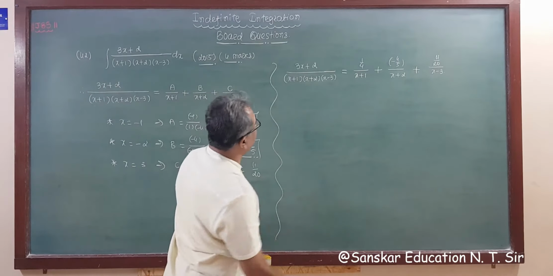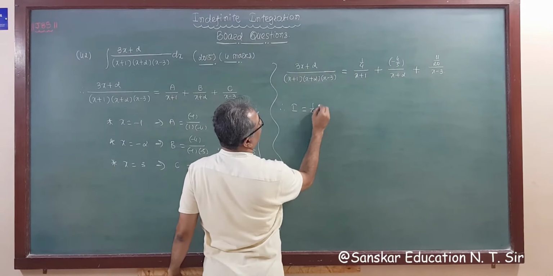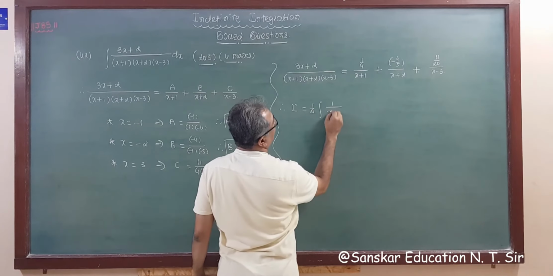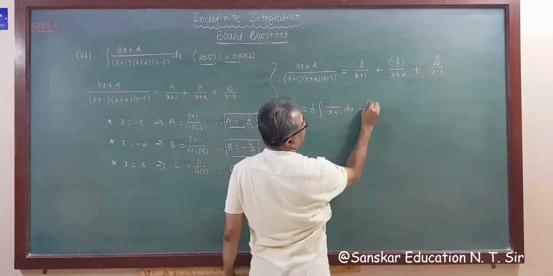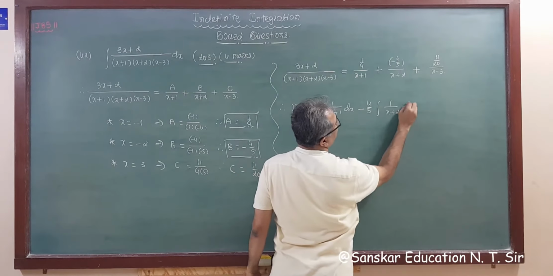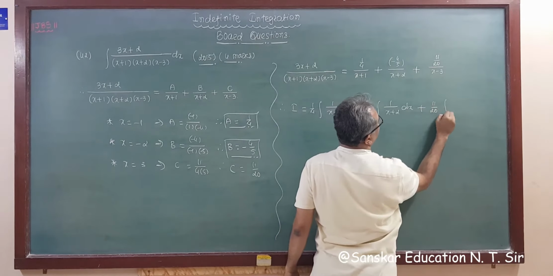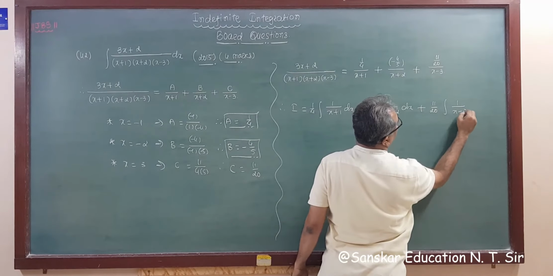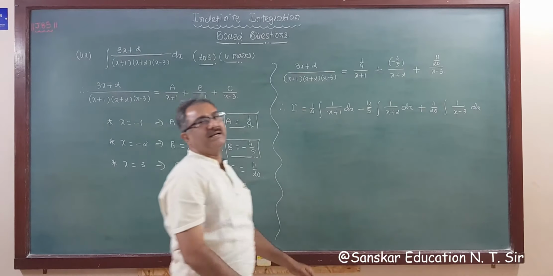So integrating this, we get I is equal to 1/4 integration of 1 upon (x + 1) dx, plus −4/5, which is a constant, integration of 1 upon (x + 2) dx, and plus 11/20, which is a constant, integration of 1 upon (x − 3) dx.